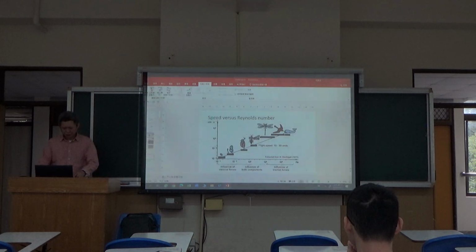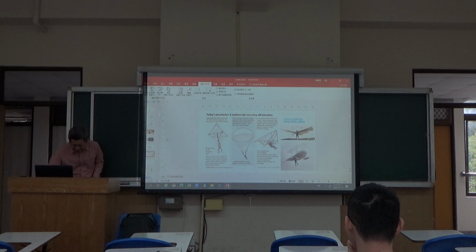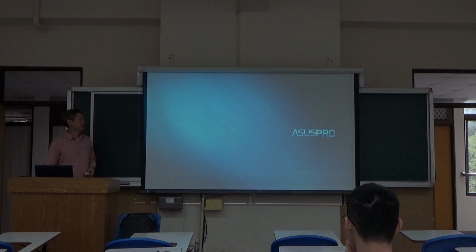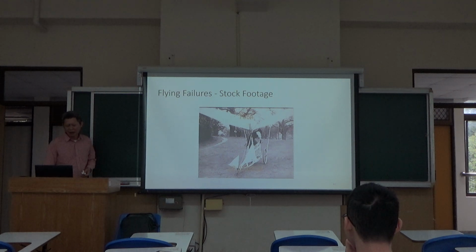So one of the videos that I can show you is, if you are looking at men attempting to fly, you can really see that this is not easy by manpower.